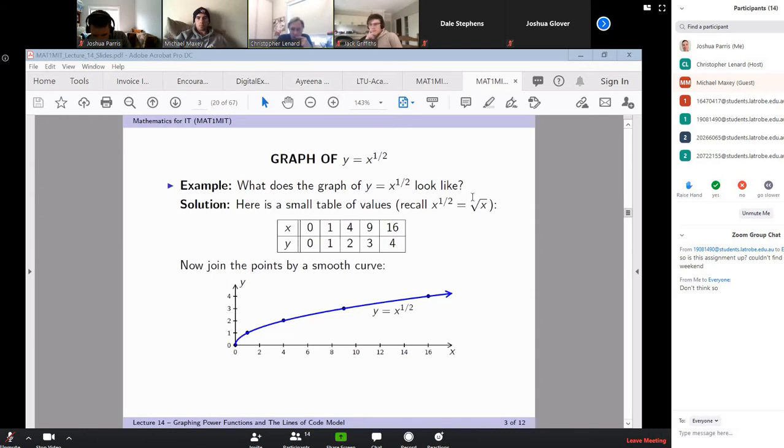And if you join them up, you actually get half a parabola, but it's on its side.